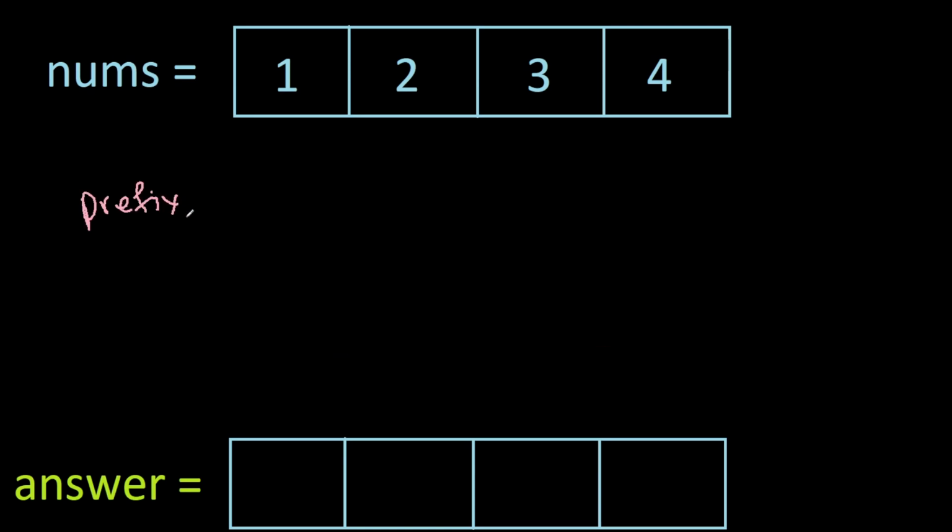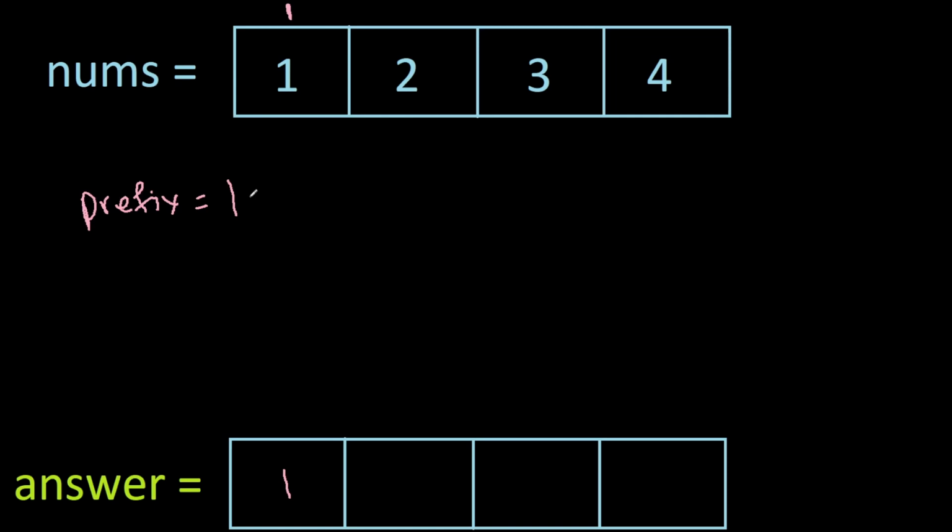What we want to do is create a variable called prefix, which will store our prefix at any given time that we're going to use to multiply as we go through this answer array. So at the very first iteration, when i is equal to 0, what we want to do is take prefix and put it into our answer. So it'll be equal to 1.